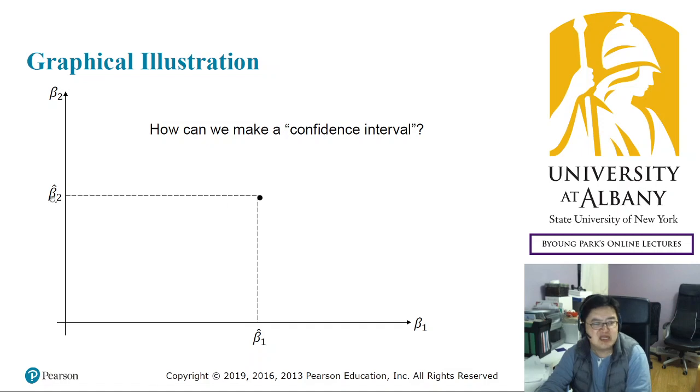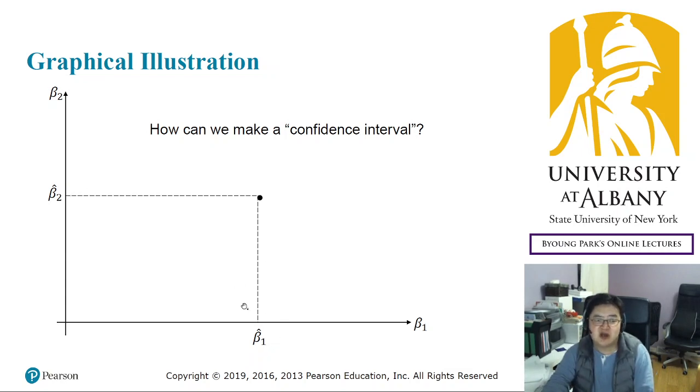So it is not that difficult to understand the results. OLS estimates two coefficients, so you are going to have some beta 1 comma beta 2 at a point. But then what is the confidence interval? We have standard errors for beta 1 and for beta 2.